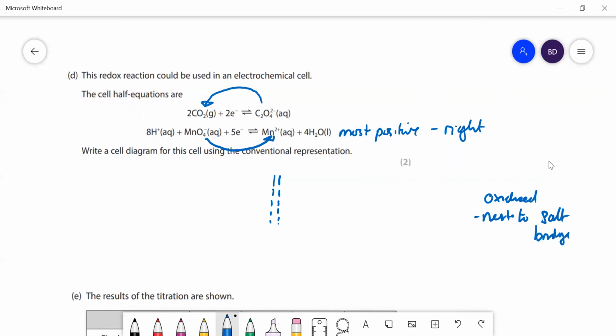The oxidized form is obviously the manganate, so I'm going to have the MnO4 minus and 8H plus. Bracket around that. It's just a comma because they're in the same phase. It's not a line to separate it from the reduced form. The reduced form is Mn2 plus and 4 waters.